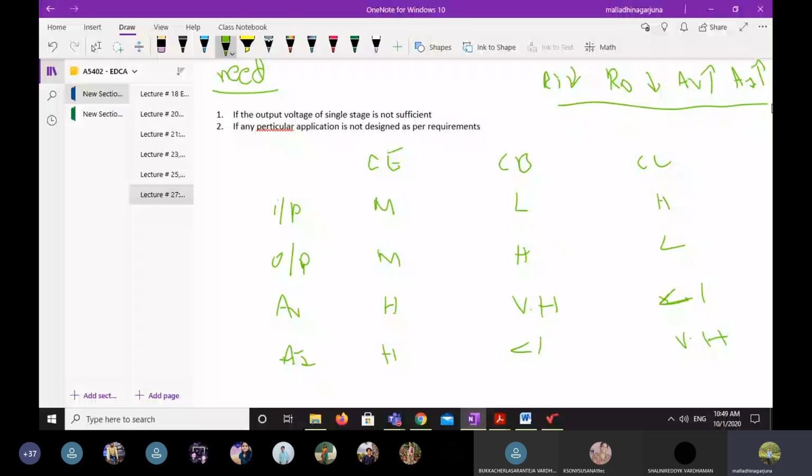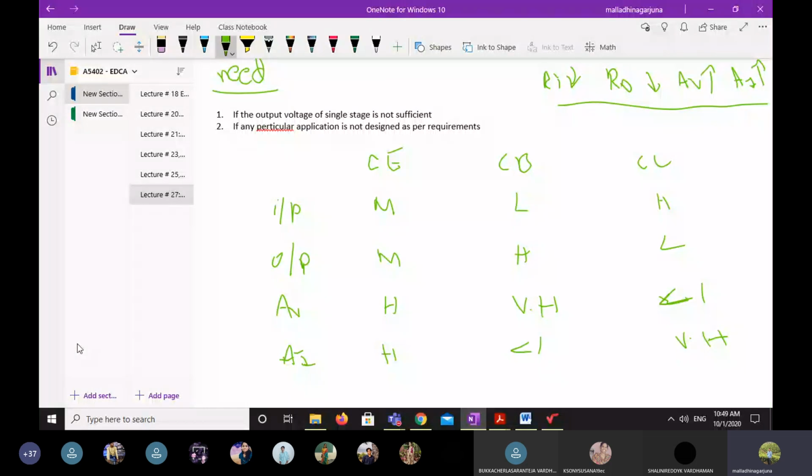Is there anything like that? No, sir. Why? Because my requirement is low input impedance, low output impedance, high current gain, high voltage gain. These four characteristics I cannot get by using a single stage amplifier.